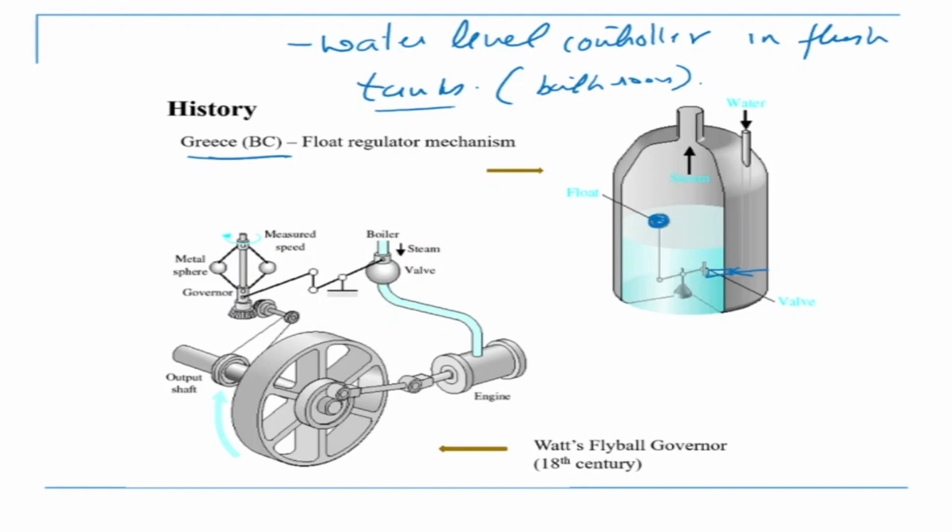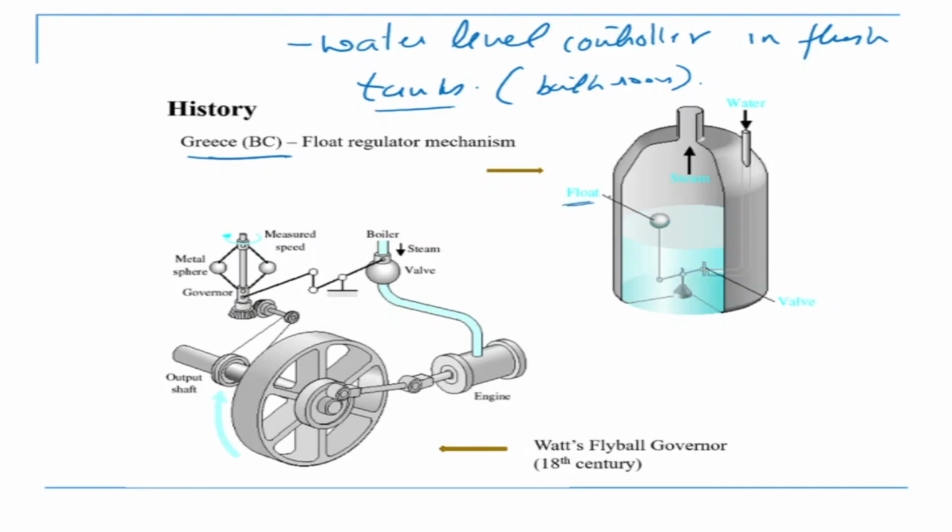Depending on the level of liquid, it will move up or down, and the lever will move like this or like that. So it is opening or closing the valve. You can set a particular level of water that you want.